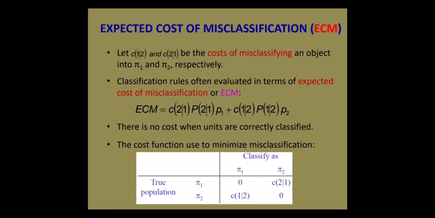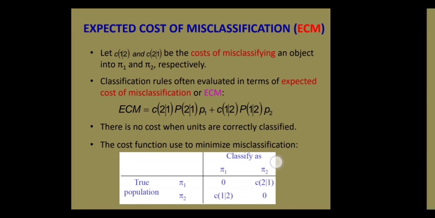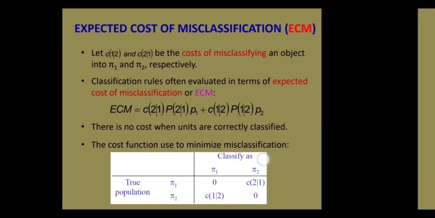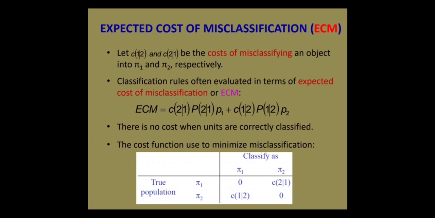Okay, itu untuk ECM. This formula you need to memorize. But macam mana you nak kira the prior probability dan juga the cost of misclassifying?